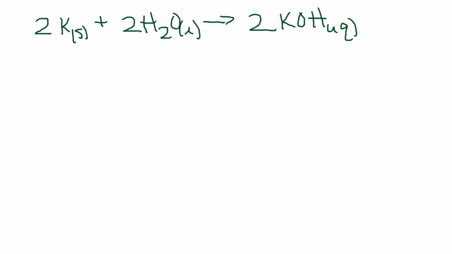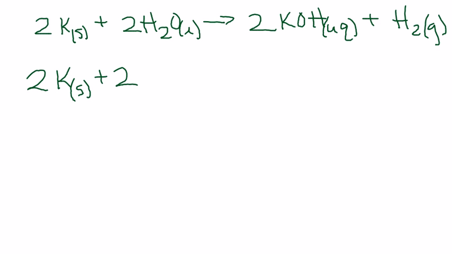Okay, now that we've got our balanced equation here, we need to split this thing up into ions. The K solid, or the potassium solid, we really don't split up into ions. We've just still got 2 potassiums, and they're solid. The water, we've got those two waters, and that's a liquid, so we're not going to split that up either, so we don't have any ions yet, really.